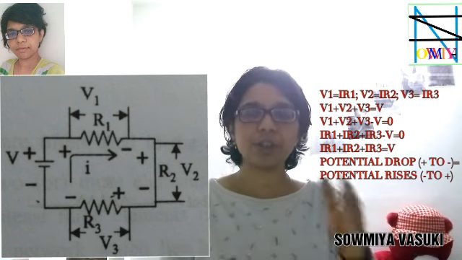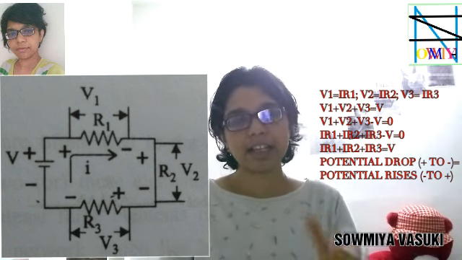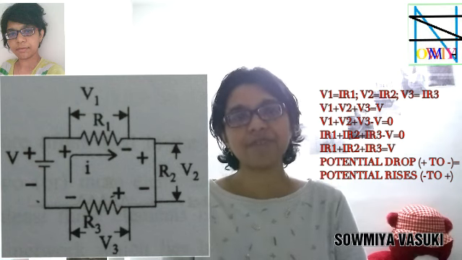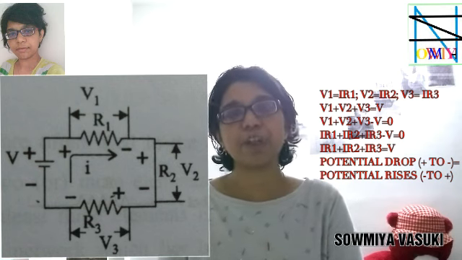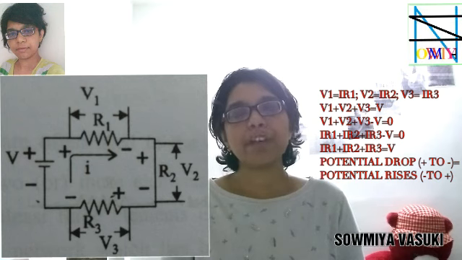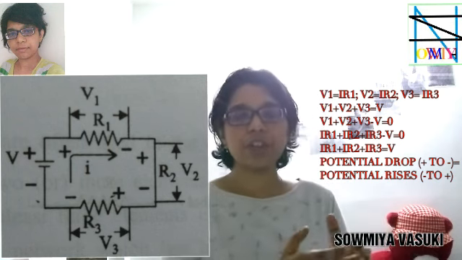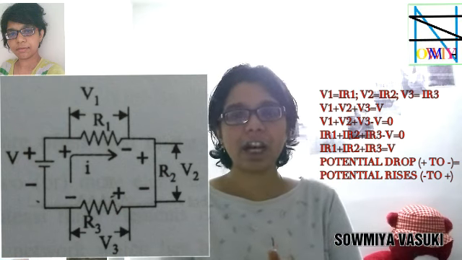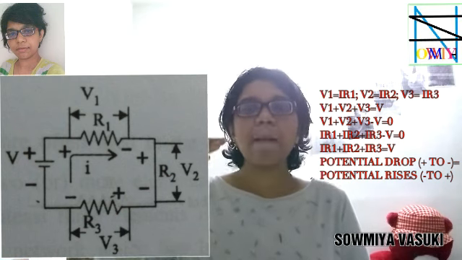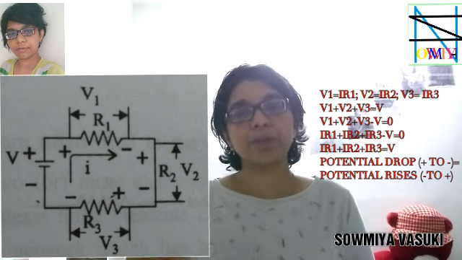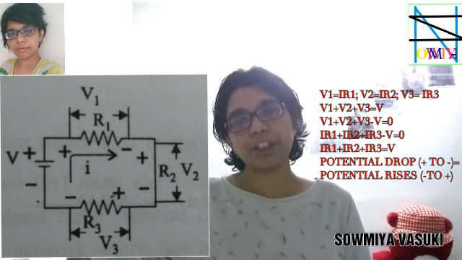Potential drop, positive to negative. Voltage across the resistance R3 is V3 equal to IR3. Potential drop, positive to negative. So voltage source V is equal to IR. Potential rise, negative to positive.